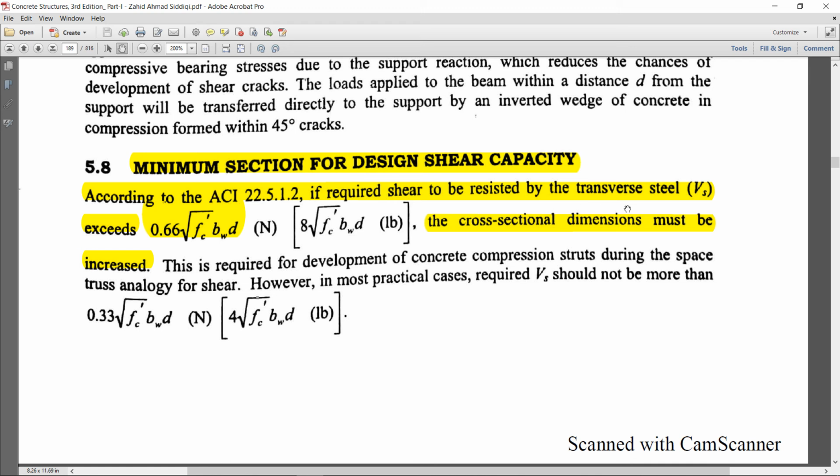If this transverse steel Vs exceeds this value, 0.66 root fc prime bw d, then you have to revise the section. The cross-sectional dimensions must be increased. And if less than this, then you have to go for the procedure for providing, like what will be the spacing, what will be the diameter.